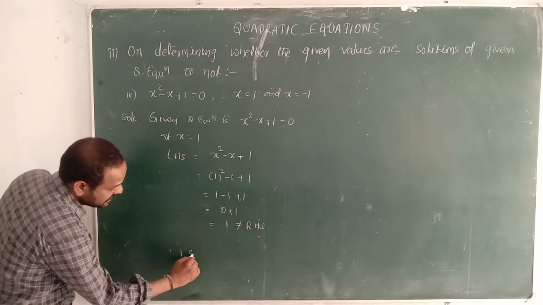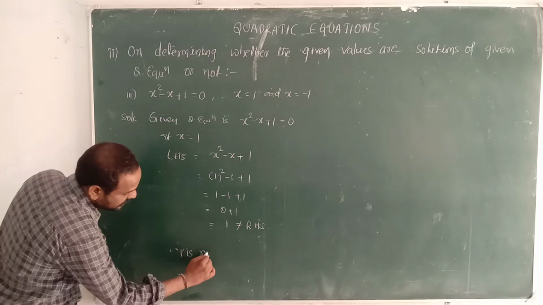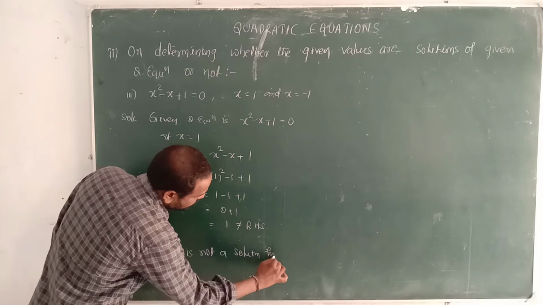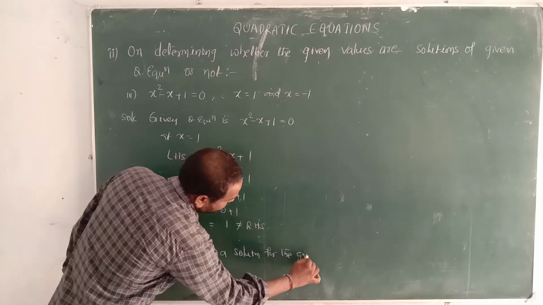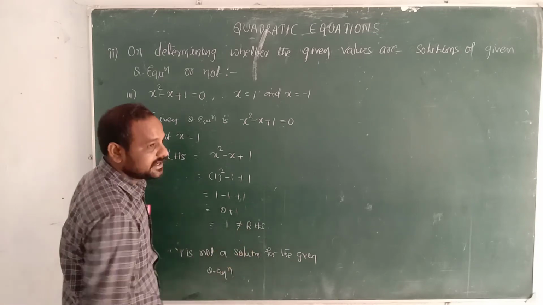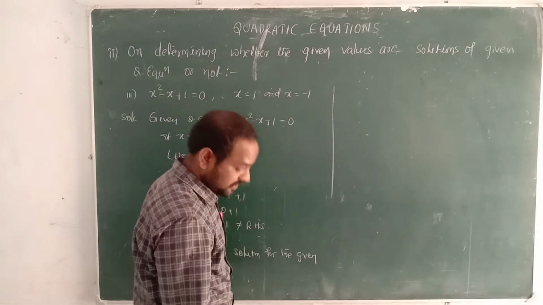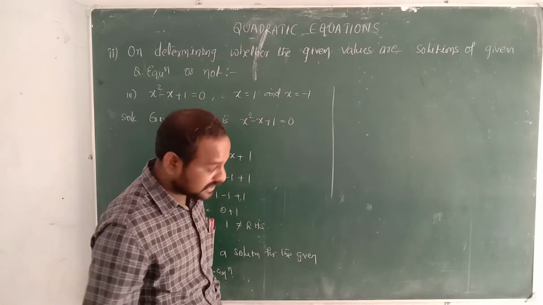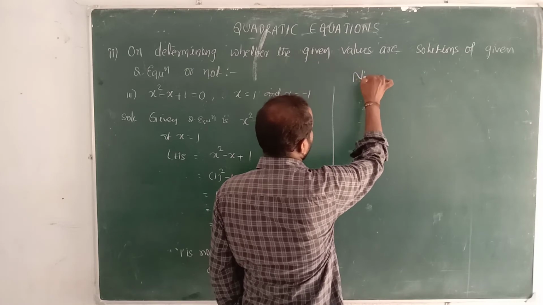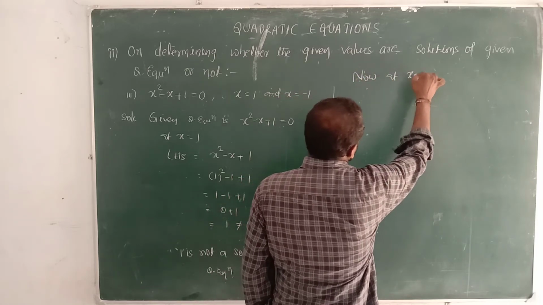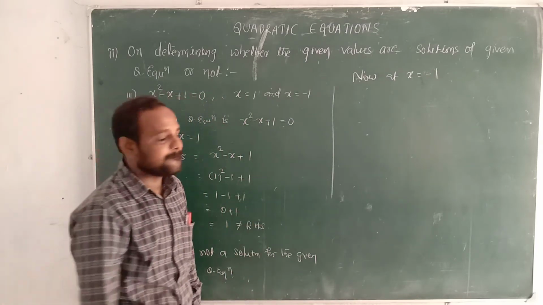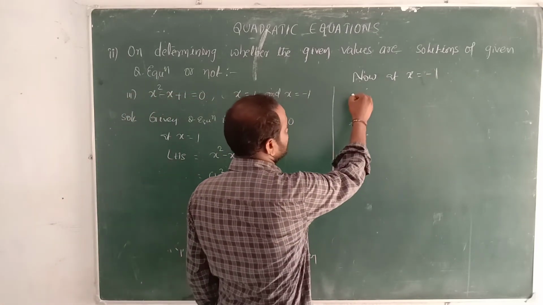Therefore, 1 is not a solution for the given quadratic equation. So now we are going to check another one. What is that? Now at x is equal to minus 1, we have to substitute minus 1 instead of x. So what is LHS?